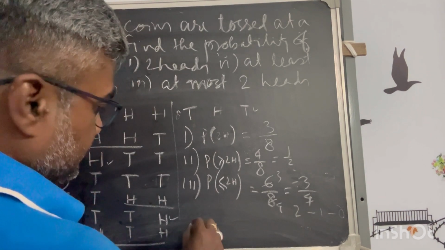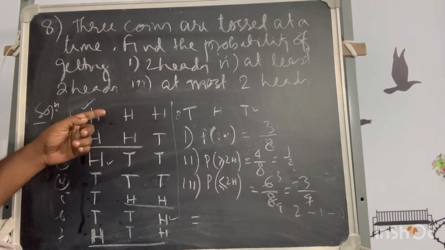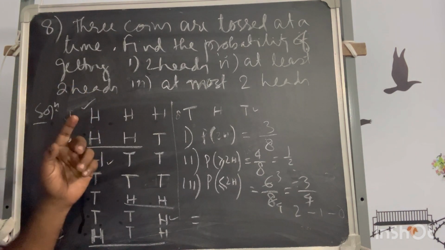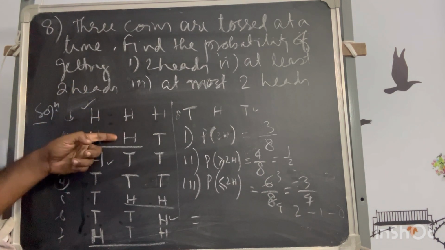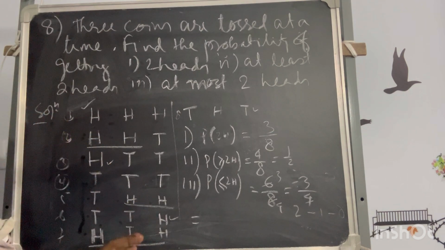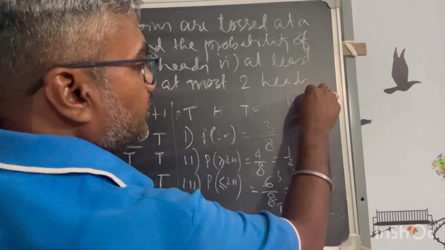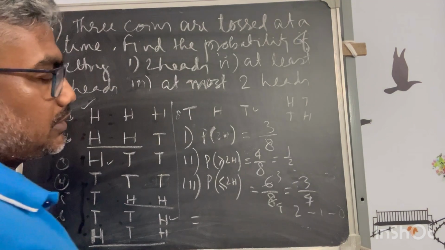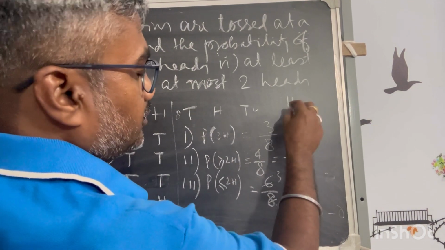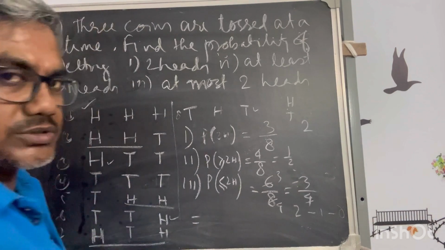As I said, when options are coming, these are the possibilities. When you are tossing a coin, you get head or tail. When you are tossing one coin, there are 2 possibilities.